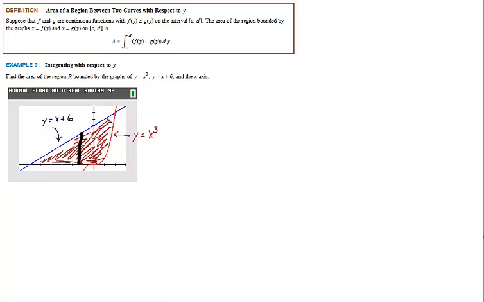If I go along this path, when I got to this point, I would be on the function x plus 6 and then x cubed. So I'm not going to do it that way this time.